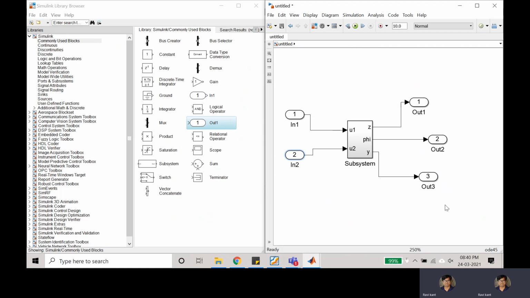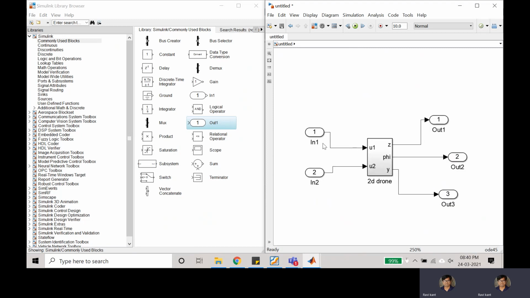Right. Now my plant is ready to deploy. You can see the dynamics. So now what we have to do is get rid of these things, and obviously this is already one, so we can place a step input over here.